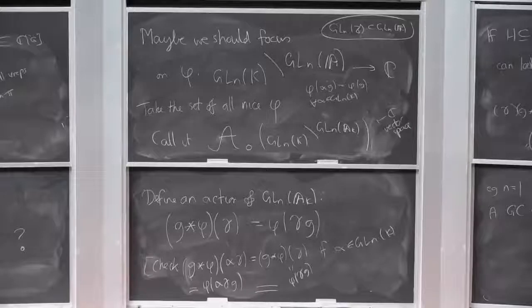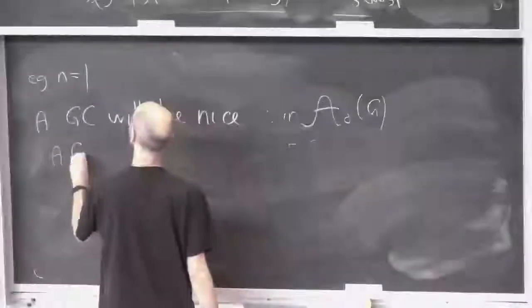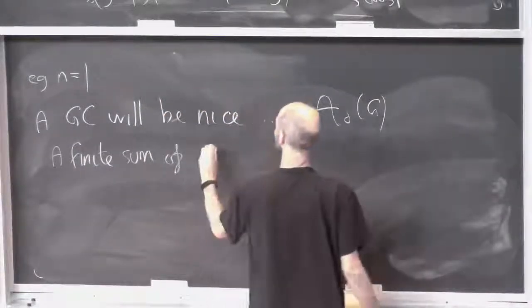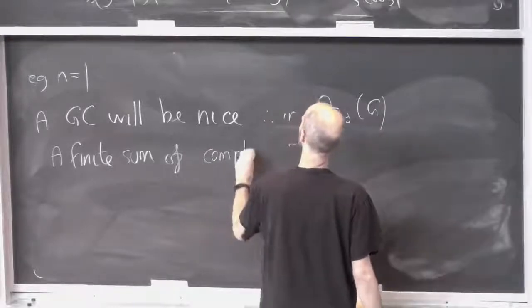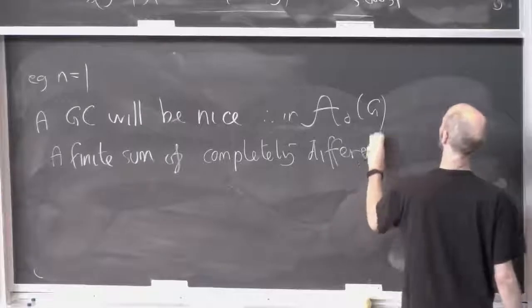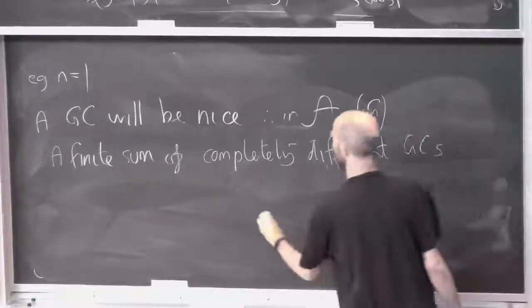But it's kind of interesting, right? So therefore in A0 of G. Okay? But remember, this is a complex vector space, so maybe a finite sum of completely different Grössencharacters. Maybe that will also be nice.